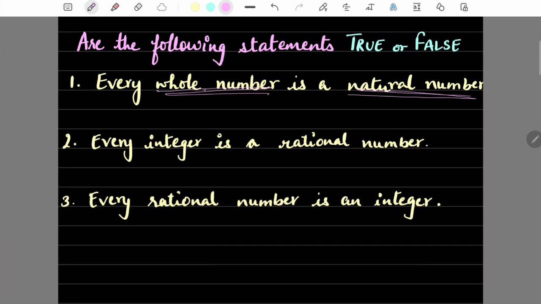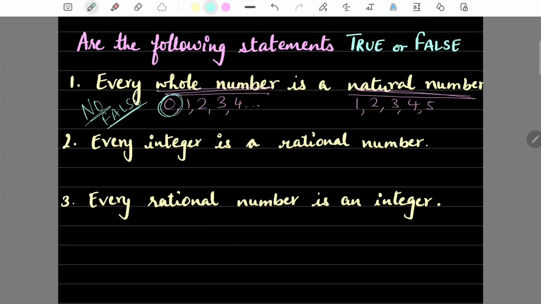Whole numbers are 0, 1, 2, 3, 4, and so on, whereas natural numbers start from 1. So are all whole numbers natural numbers? No. The answer is false, because 0 is not a natural number.